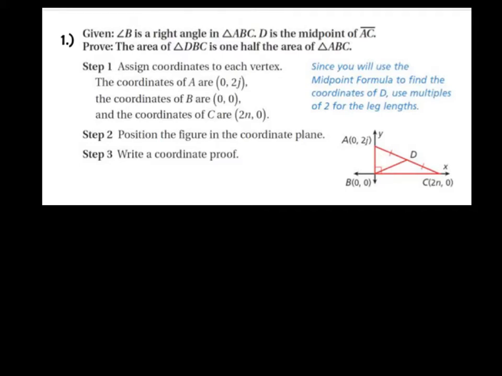So you could say, using the midpoint formula, we can find the coordinates of D. So remember the midpoint formula, all you're going to do is you're going to stack your coordinates.